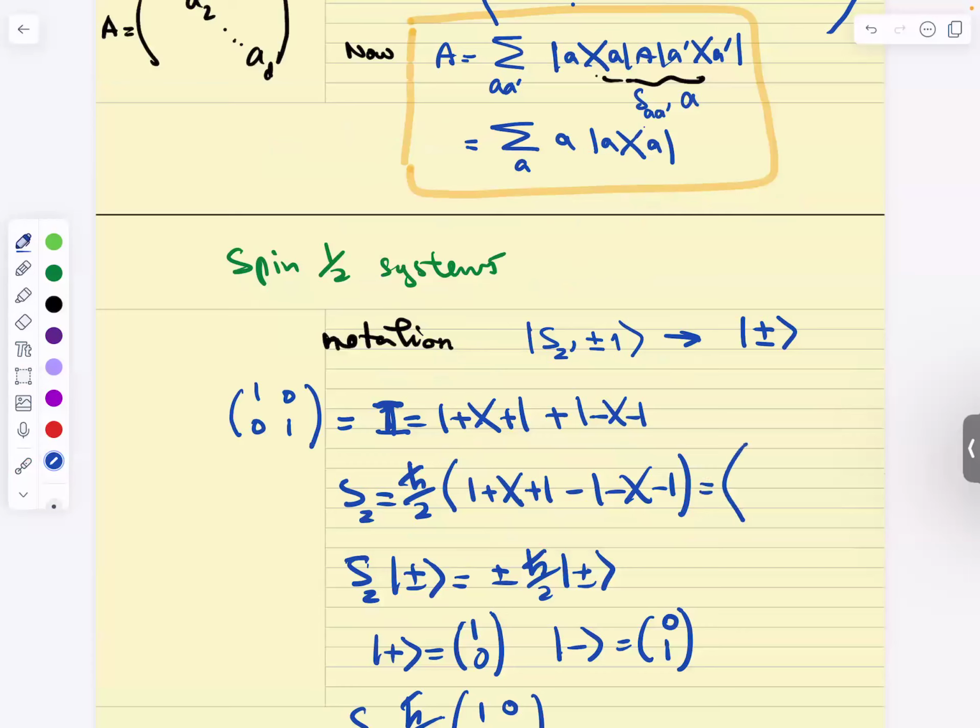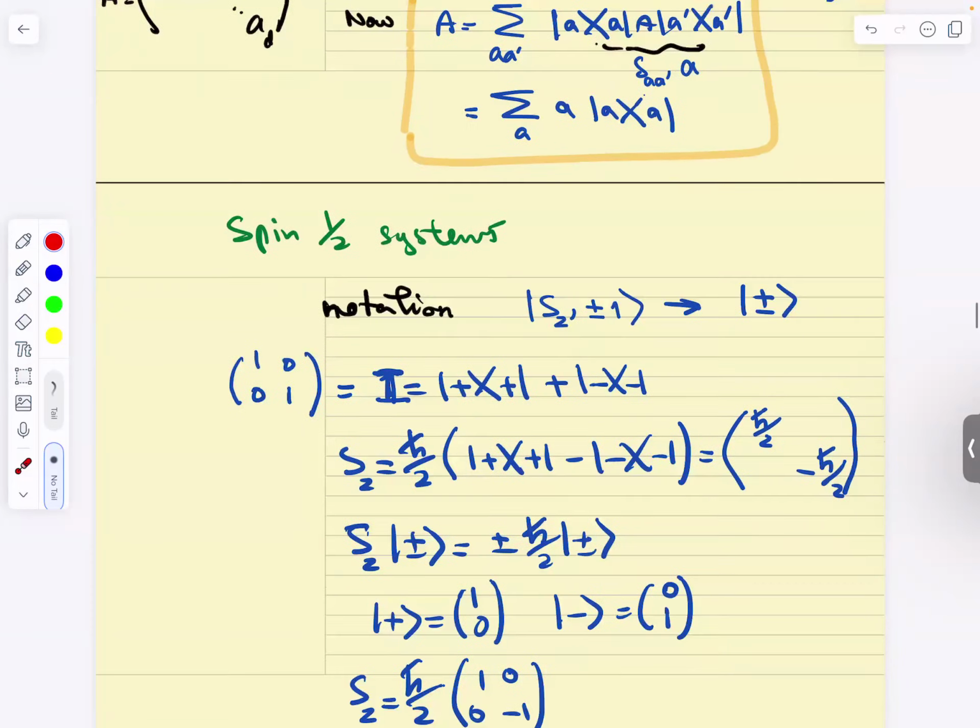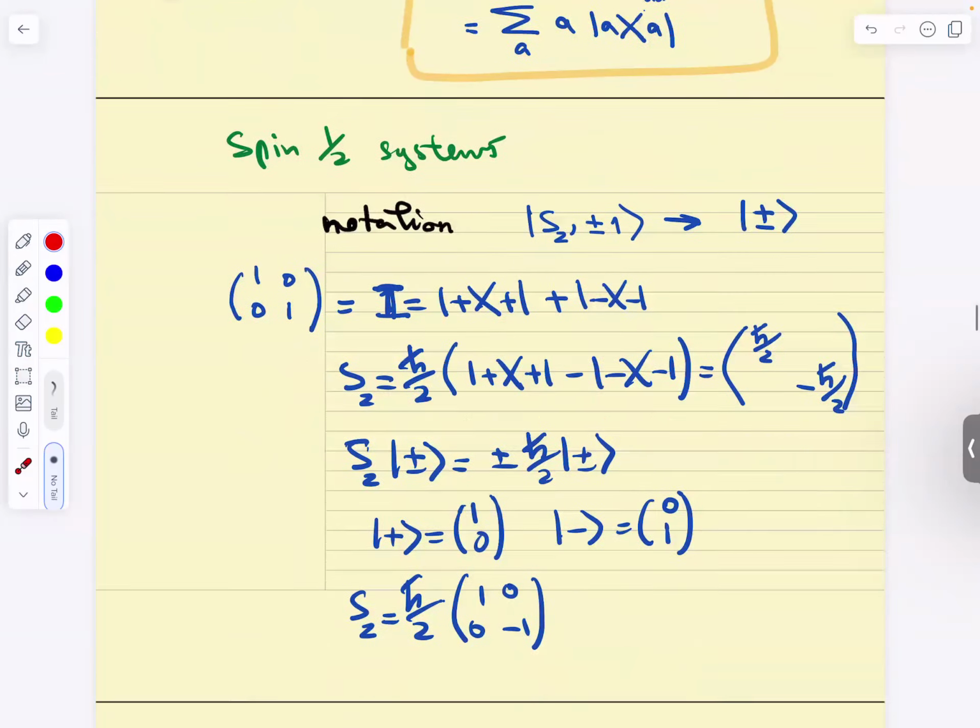So this takes the form of h bar over 2, minus h bar over 2. Why is that? This must be the form of the matrix if it satisfies these eigenvalue relations. You could check that explicitly. If I act with this matrix on 1, 0, I'm going to get h bar over 2 times 1, 0. If I act with this matrix on 0, 1, I'm going to get minus h bar over 2 times 0, 1. Good? So you could write it this way.